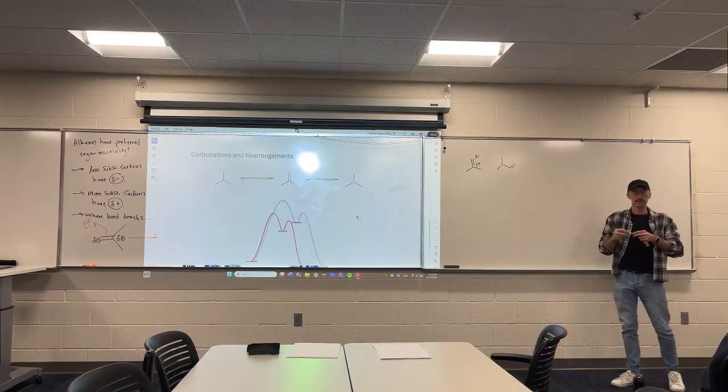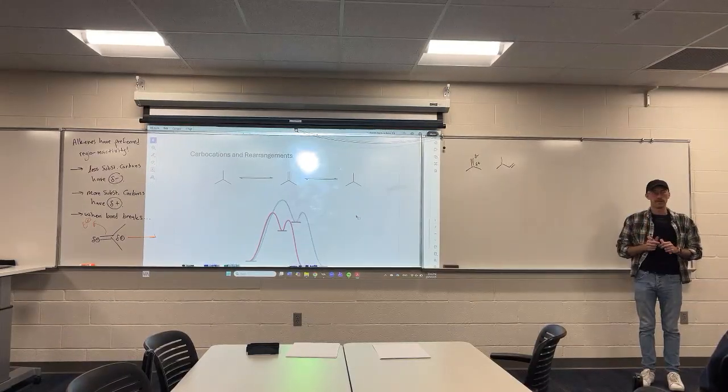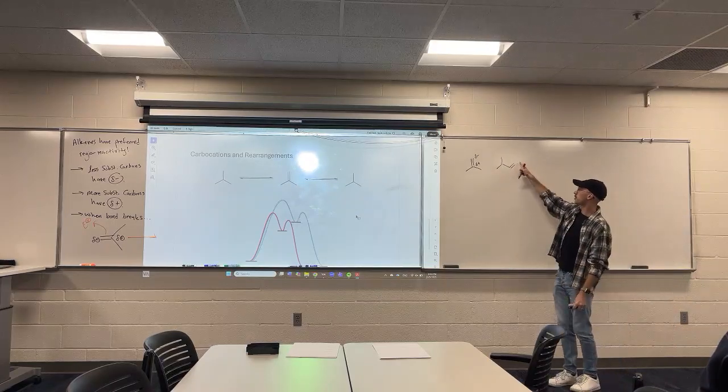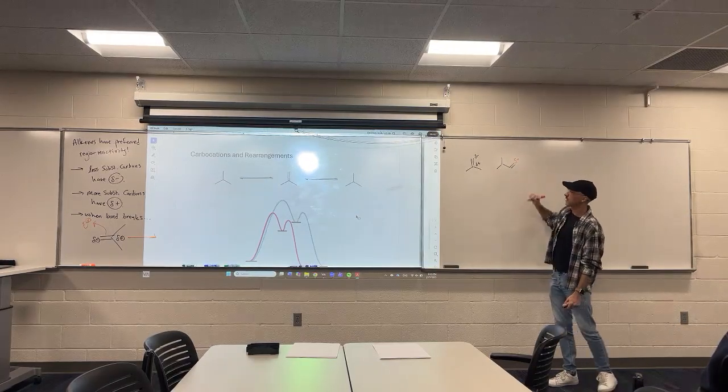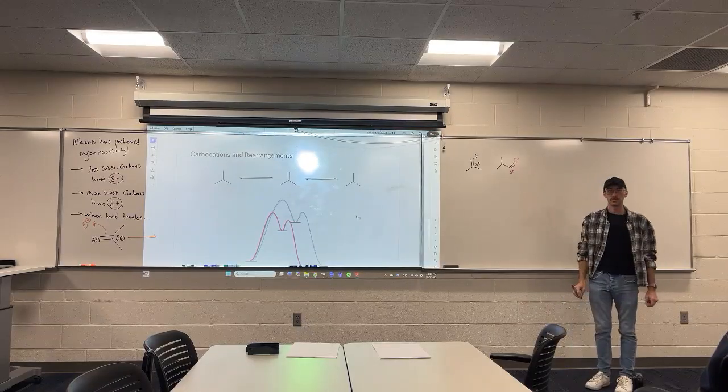What about this? Can you label a partial negative and a partial positive on this alkene? Partial negative where? On the terminal carbon, the less substituted. Partial positive on the more substituted.